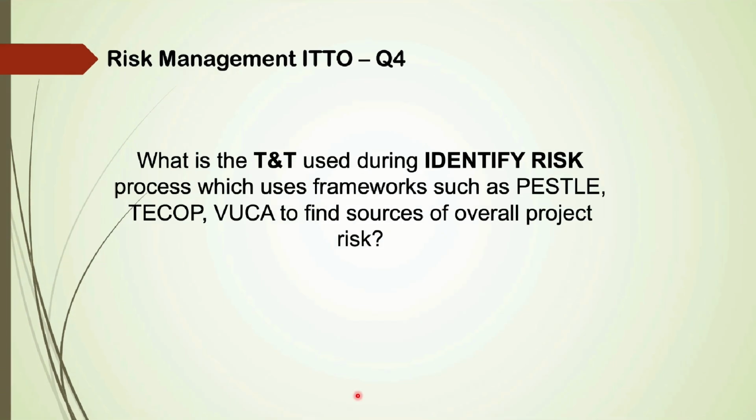Question number 4. What is the tool and technique used during the process identify risk which uses frameworks such as PESTEL, TCOP, VUCA, etc. to find sources of overall project risk?